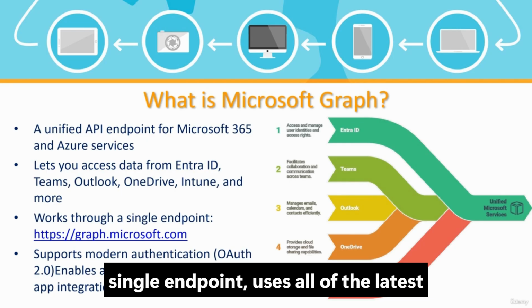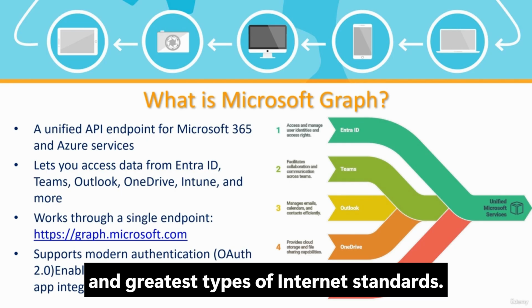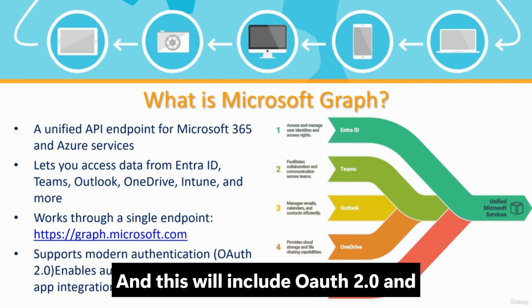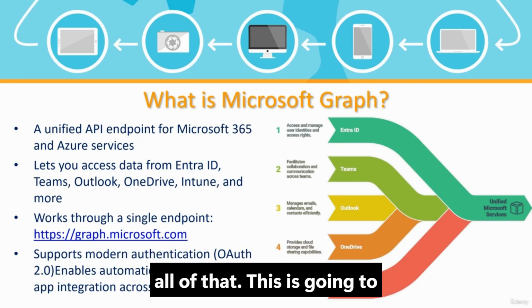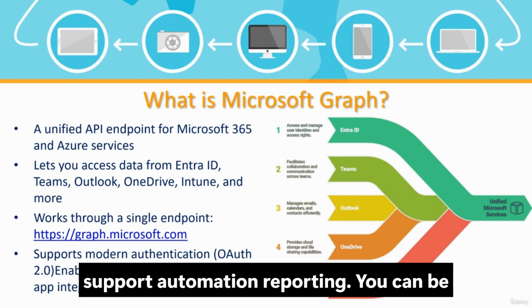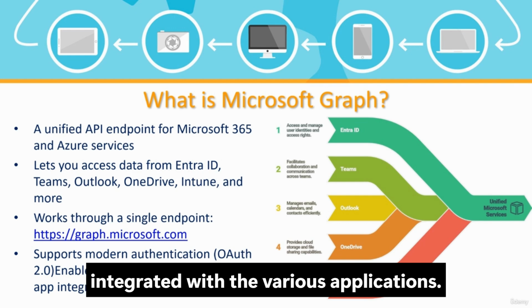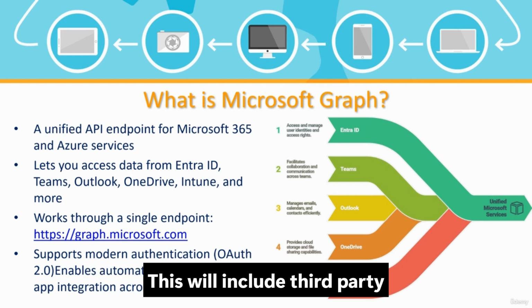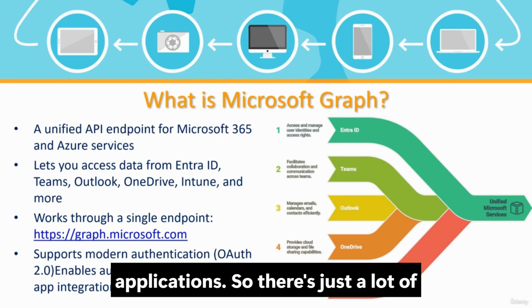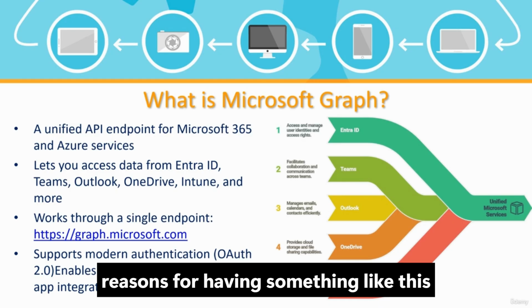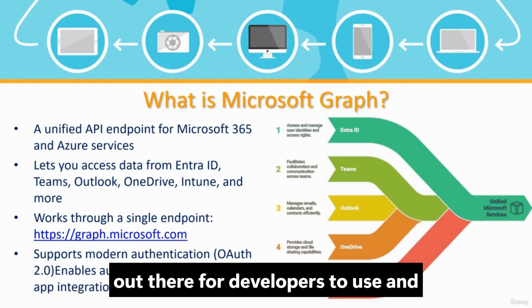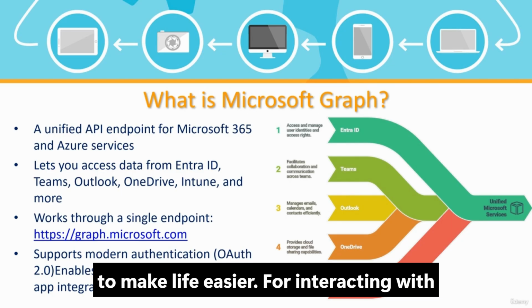It uses all of the latest and greatest internet standards, including OAuth 2.0. It supports automation and reporting, and it can be integrated with various applications, including third-party applications. So there are just a lot of reasons for having something like this out there for developers to use and to make life easier for interacting with everything.